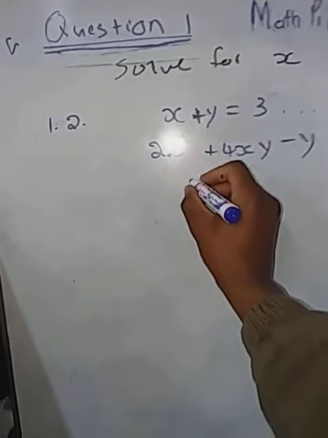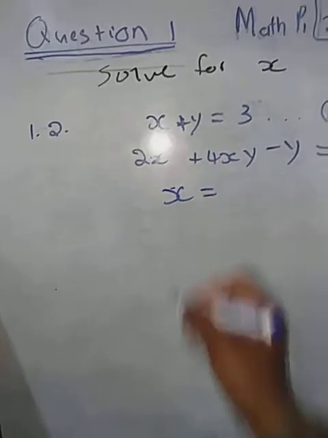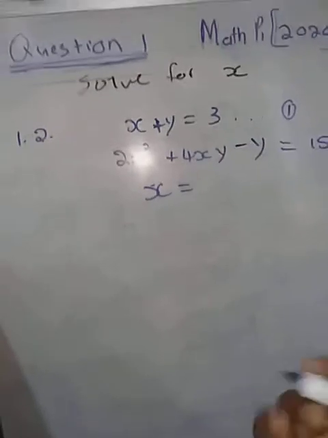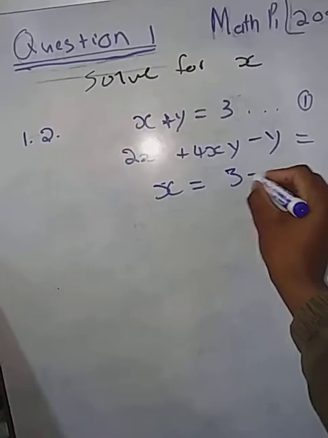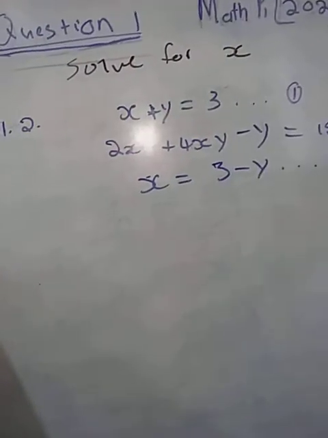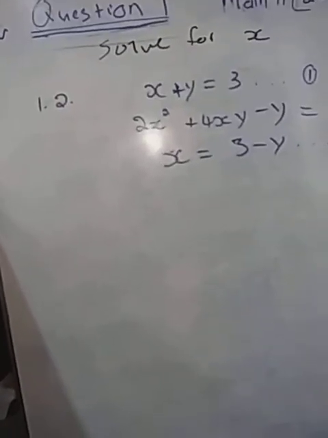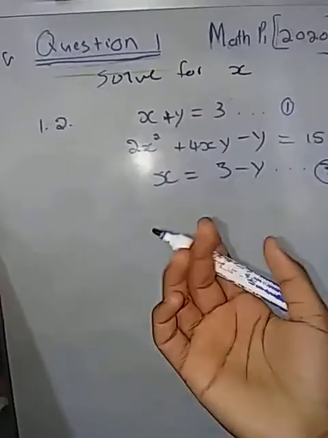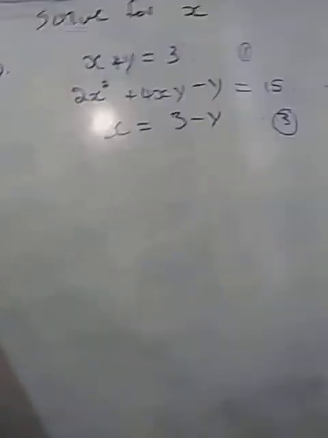So x equals, I love making x the subject of the formula always, so x equals 3 minus y is equation 3. But that doesn't mean you must also make x the subject. You can also make y the subject of the formula, it's just that I love making x the subject.